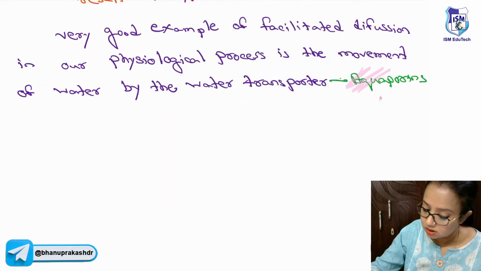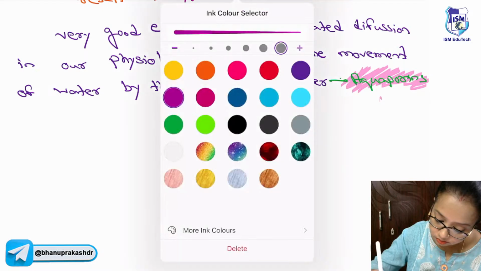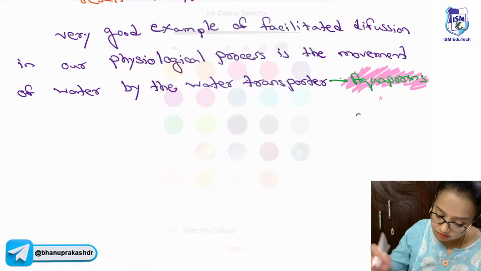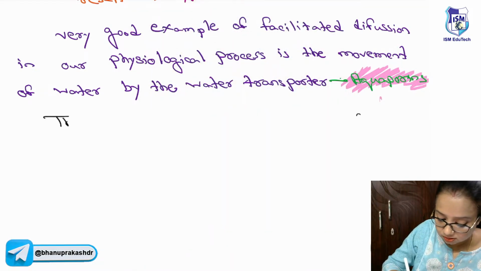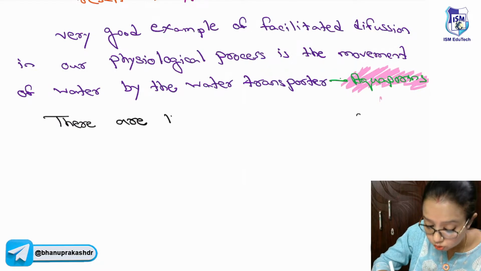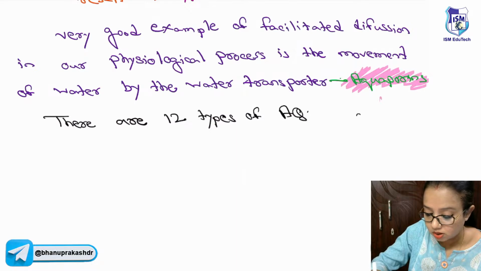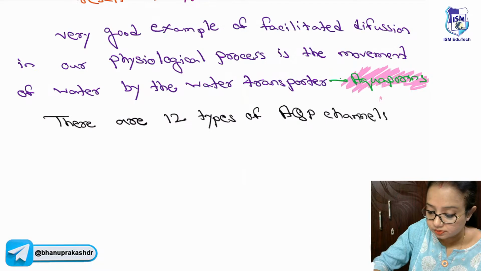There are about 12 types of this aquaporin channel.